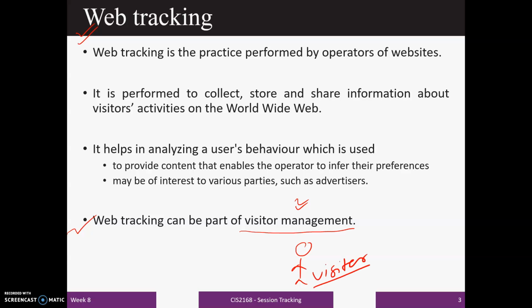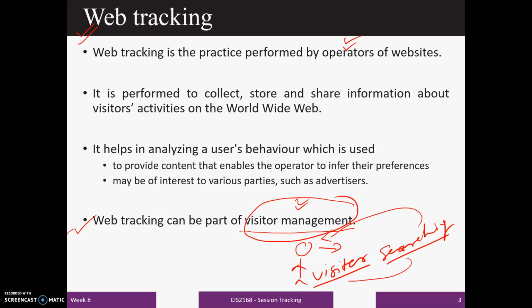Whatever he is searching for, accordingly provide the information to the visitor. For visitor management, the operator needs to understand the behavior of the visitor and accordingly provide the data or information to the visitor. So it is a process of visitor management.